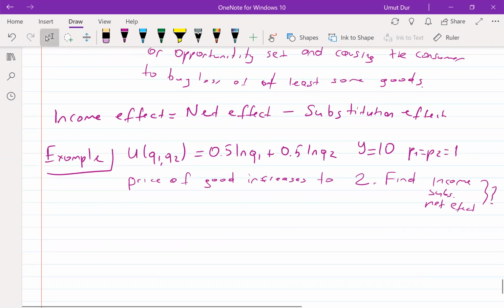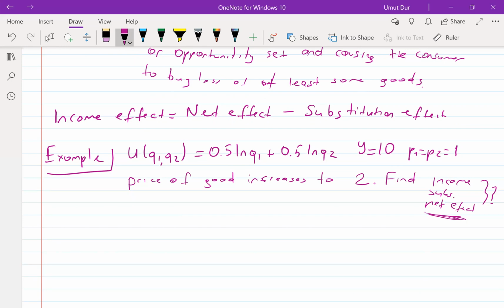Okay, so essentially this is just an optimization problem. We are just looking for the optimum bundle of the consumer for the initial prices and the final prices. And in fact, the difference will be the net effect.